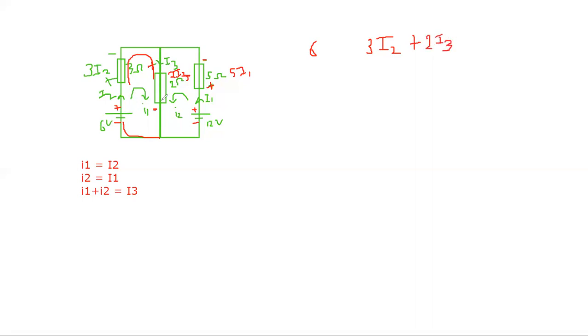Finally you reach the starting point, so the loop has been traversed once. The sum of voltage rises is equal to the sum of voltage drops.